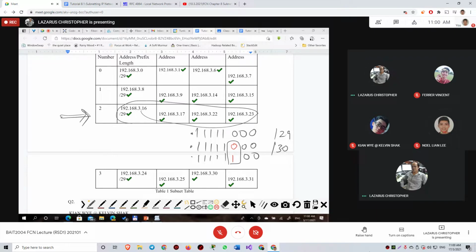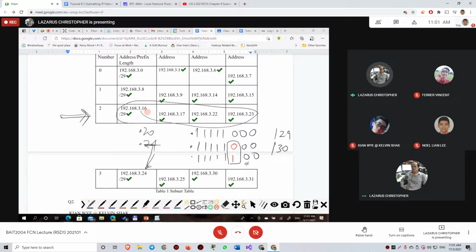You get that? Then the magic number is here, 1, 2, 4. 4 is the magic number. So the subnet within this one is 16 plus 4, which is 20, plus another 4, 24, which is the next original subnet.